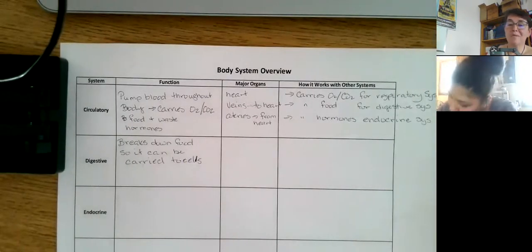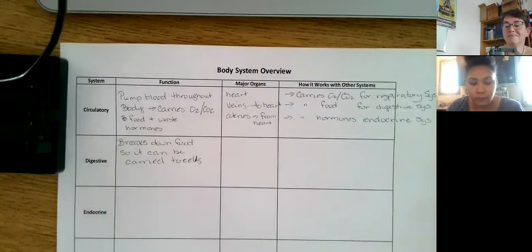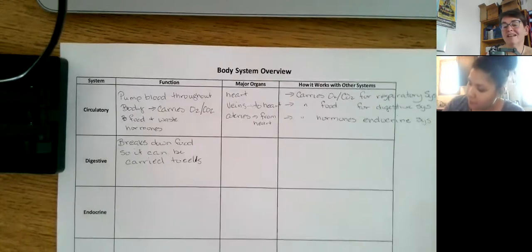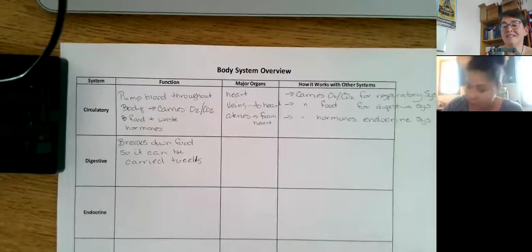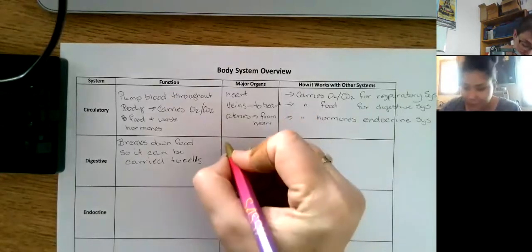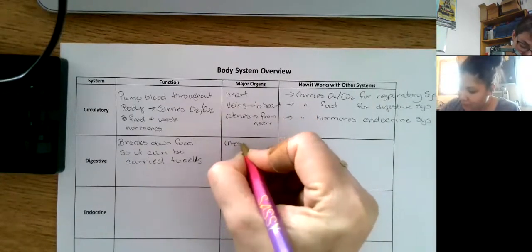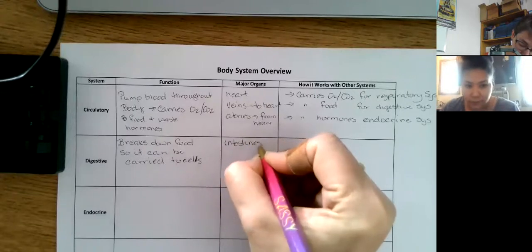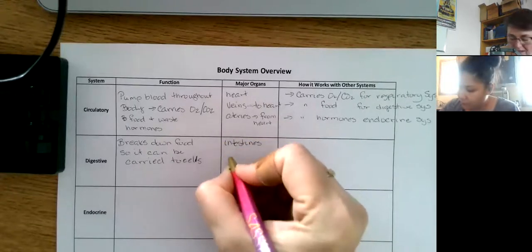Hey, Mary Lynn, what's a major organ in the digestive system? Your intestines. Perfect. I know I'm picking on you, but it's lonely, and I feel like I'm just sitting here talking to myself. So kind of like I have a friend. Intestines.